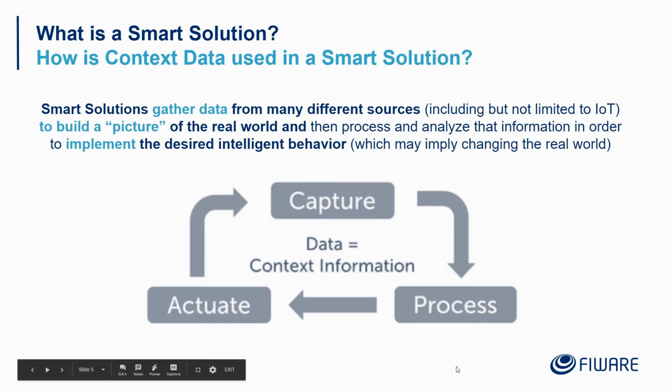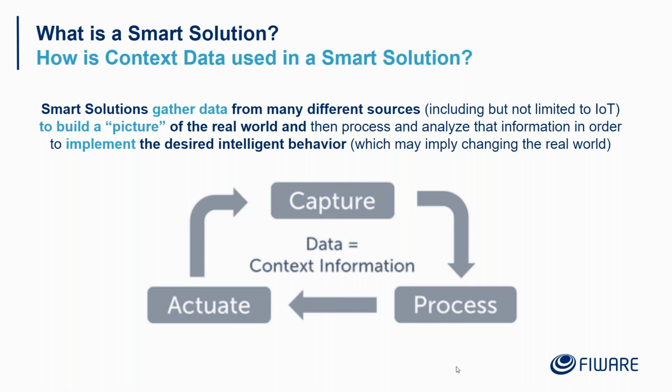That connects with the question, what is a smart solution? How is the context data used in this? In this type of solution, maybe you can find different definitions, but we will adhere to this one that says smart solutions gather data from many different sources, including but not limited to IoT devices.